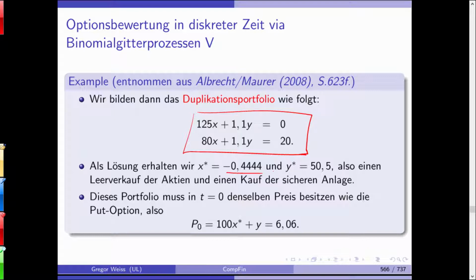The solution is that we go short in the underlying and invest in the risk-free investment. The portfolio should have the same price as the put option, and you simply get P0, the price of the option, should be 6.06.